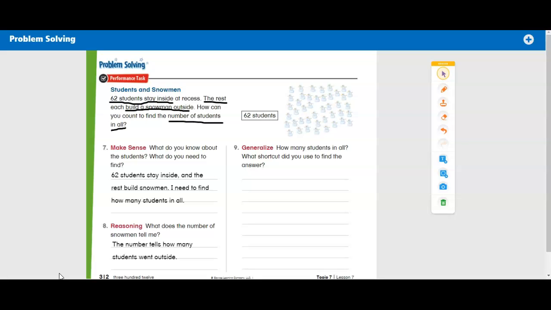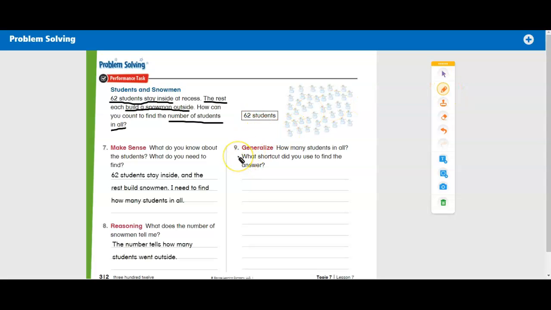For number 9, it says generalize. How many students in all? What shortcut did you use to find the answer? To find this, we will need to count the number of snowmen. We know there were 62 students inside.